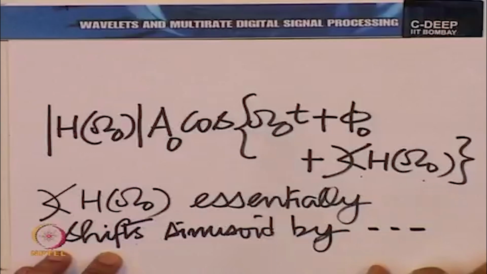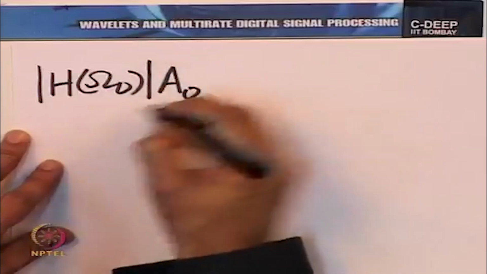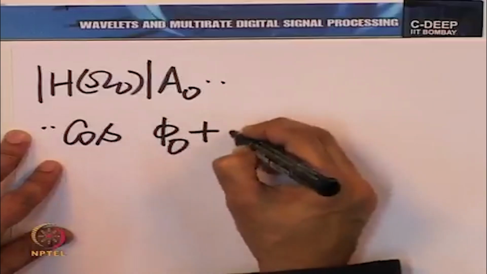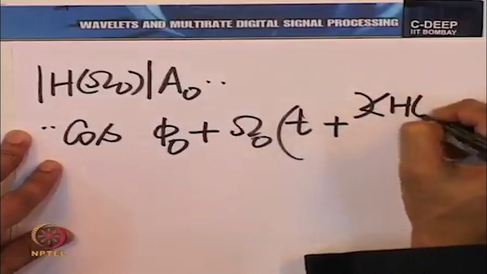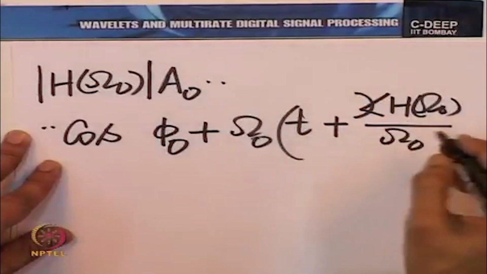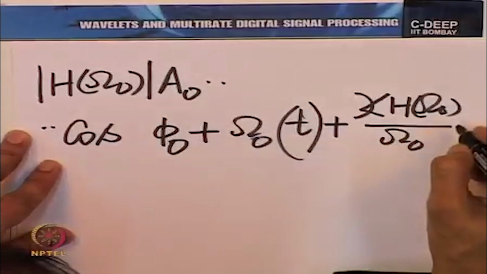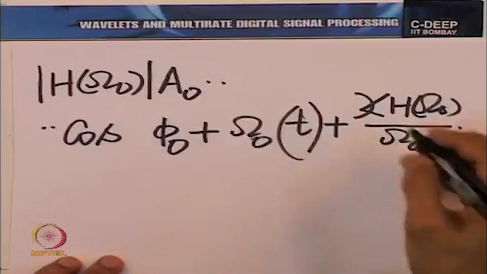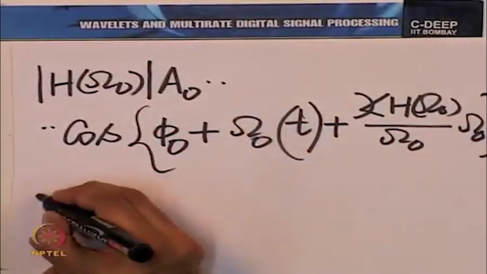So, we will rewrite that expression. We will write it as |H(Ω₀)| A₀ cos, we will keep φ₀ as it is, we will take Ω₀ common, and then we will write Ω₀ times t plus the angle of H(Ω₀) divided by Ω₀.